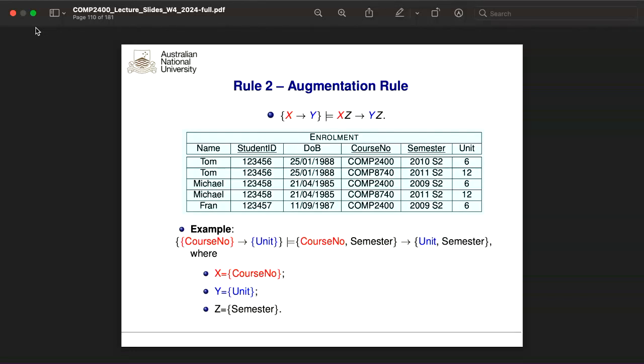So that means course number semester determines unit semester. Okay, so X is course number, Y is unit, Z is semester. Okay? Any questions? Okay.